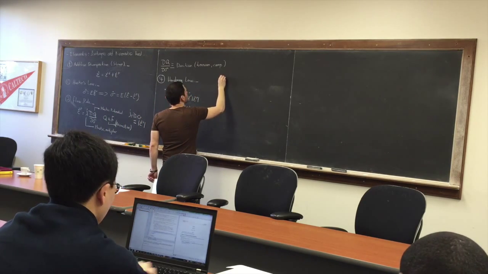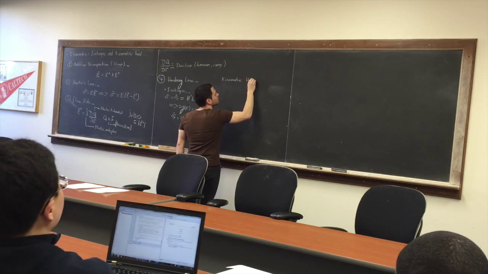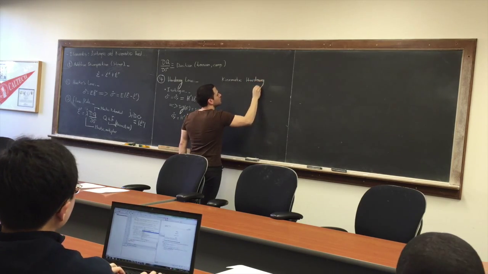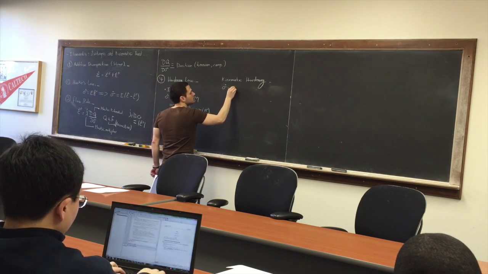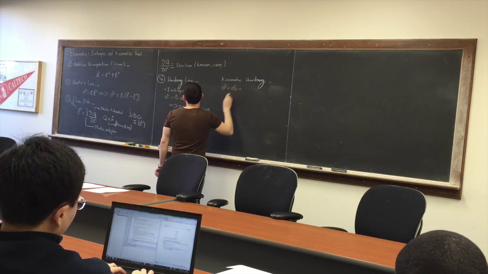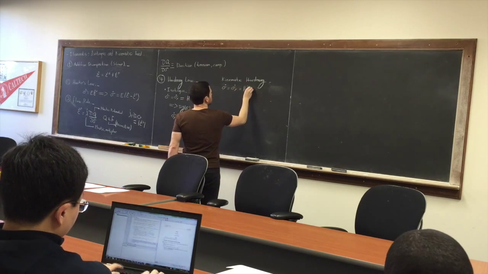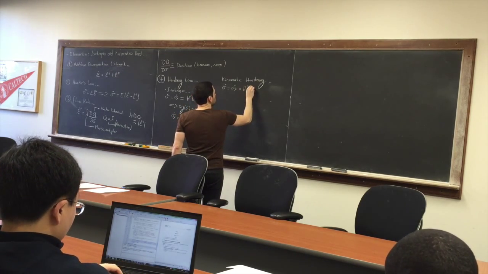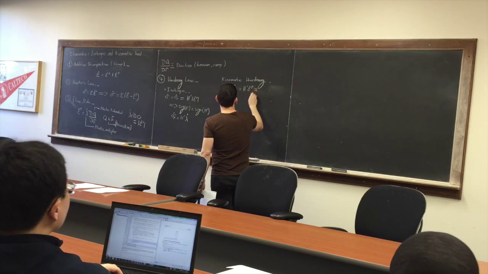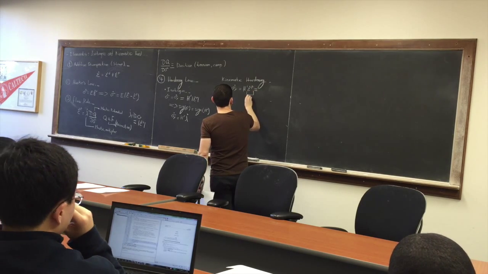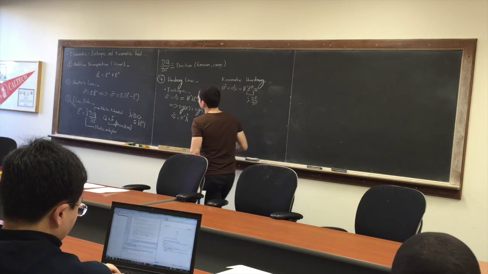The case for the kinematic hardening would be sigma dot is equal to sigma y dot equals H prime, but not the absolute value, but the total value of plastic strain. And remember that we can express this as lambda dot dF d sigma here.